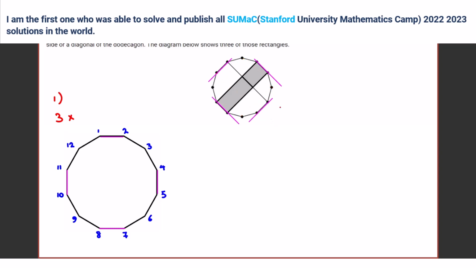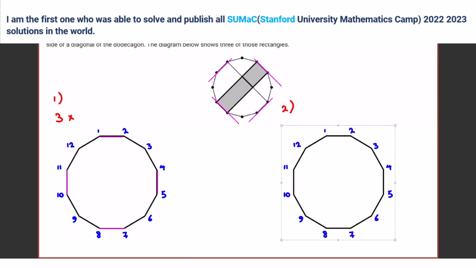Now, case 2. In case 1, the sides of the rectangle are parallel to sides of the dodecagon, so we can also have another case. This side is parallel to this one, and this one, and this one, and it is perpendicular to this one.